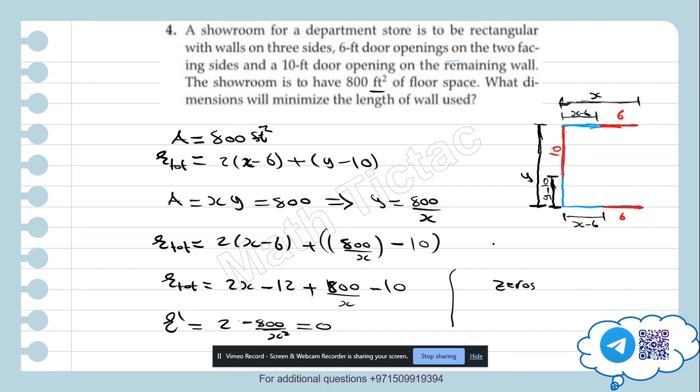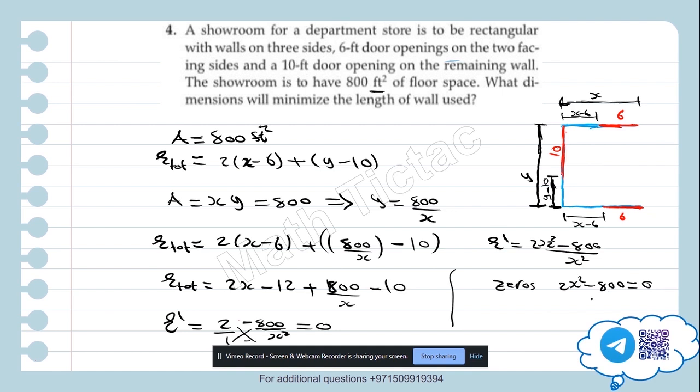Let's make the denominator the same first. So L prime will be equal to 2x squared minus 800 divided by x squared. So the zeros: 2x squared minus 800 equals 0.